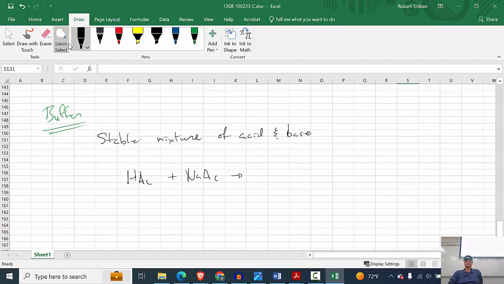It doesn't have to be exact. Both are 6 molar, HCl and NaOH.